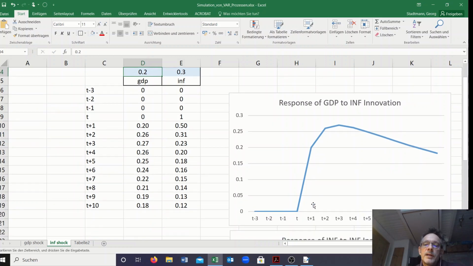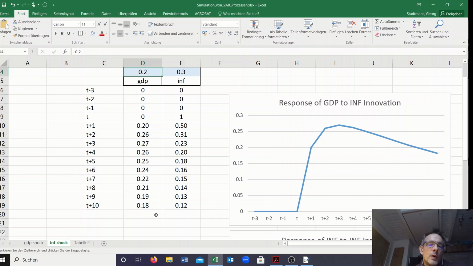In period t+1, GDP growth rate is at 0.2, and then GDP increases over time, and only after period t+3 the growth rate of GDP is decreasing again back to an equilibrium.